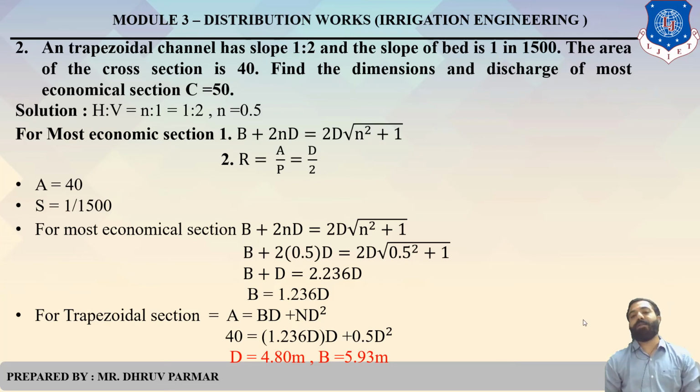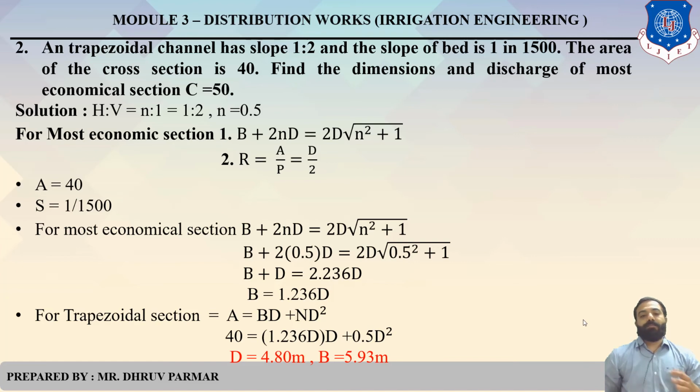Here in the example, they have already given that it is the most economical section. We have discussed two conditions for the most economical section: B plus 2nD equals 2D under root n² plus 1, and the second condition, R equals A by P, which is always D by 2. So we have the area and the bed slope, 1 upon 1500.